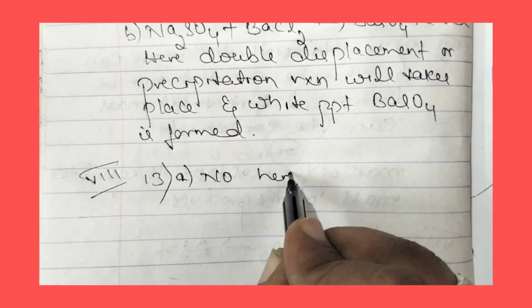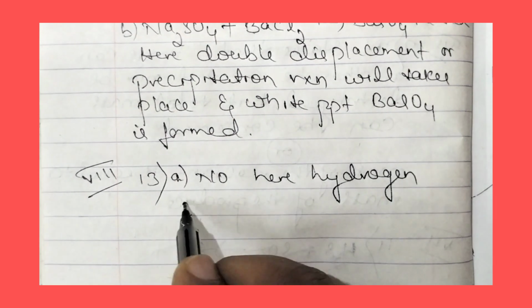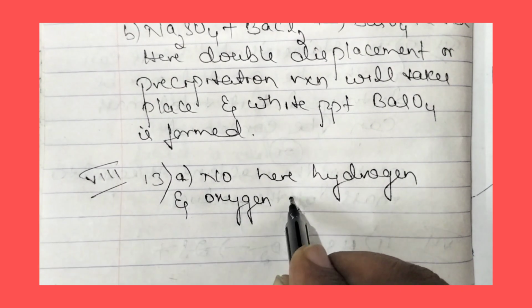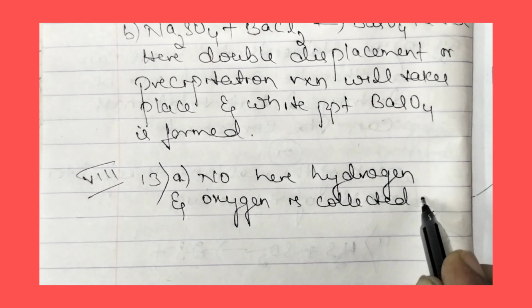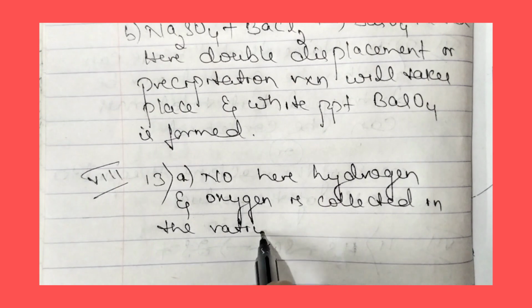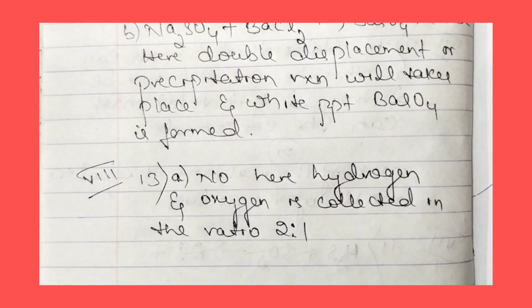Here hydrogen and oxygen are collected in the ratio 2:1.